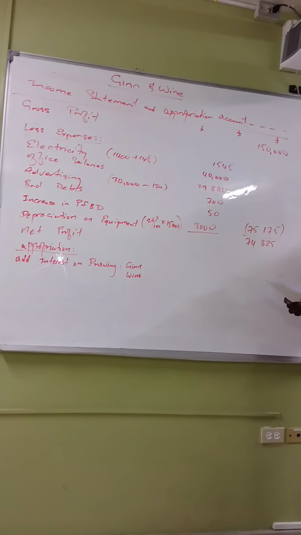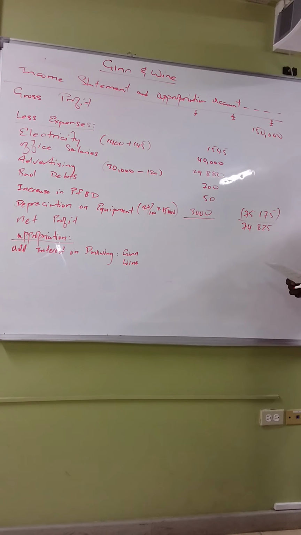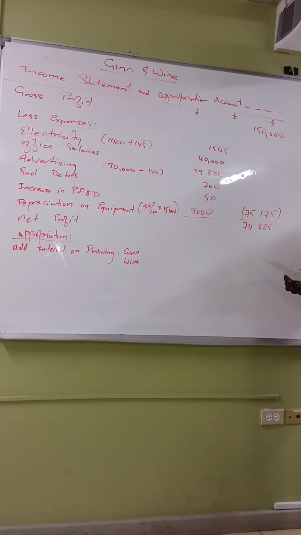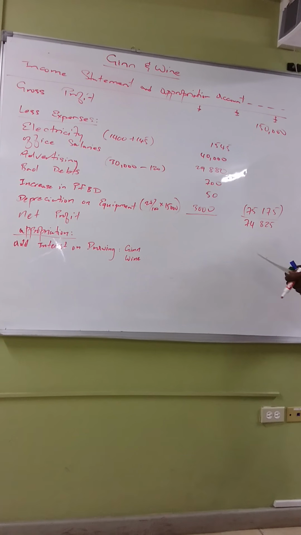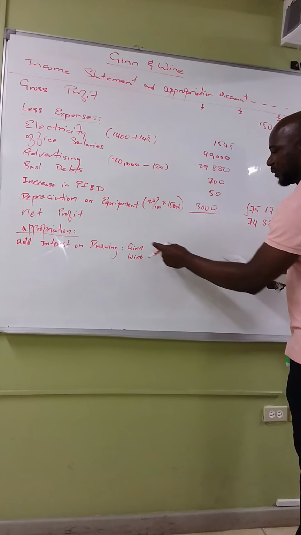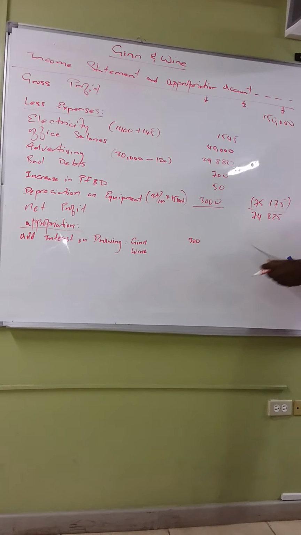Now, as it relates to Gin, Gin's drawings was 6,000, whereas Wine's drawings was 4,400. If they're paying interest on drawings of 5%, it therefore means that for Gin, whose drawings was 6,000, you have to find 5% of 6,000, which equals 300.